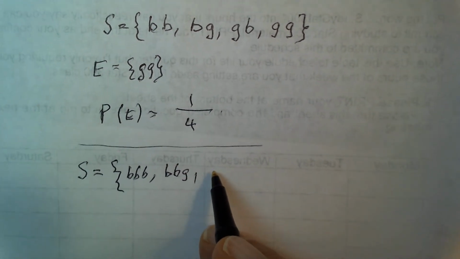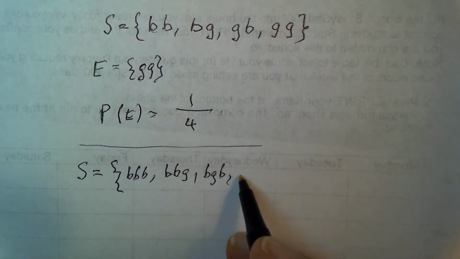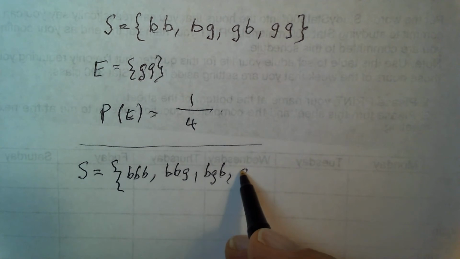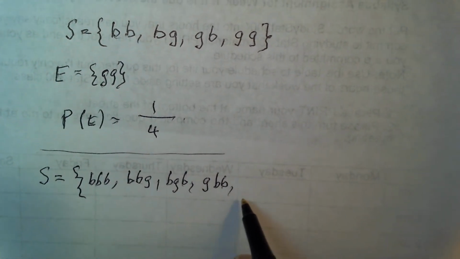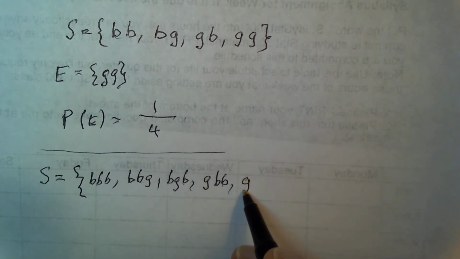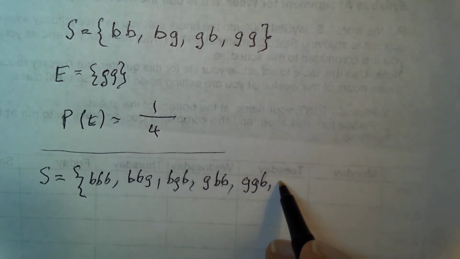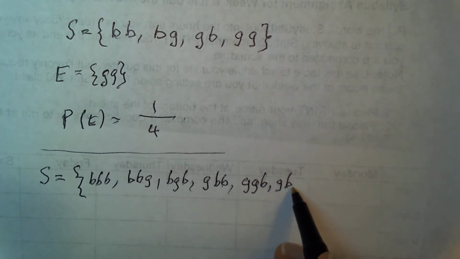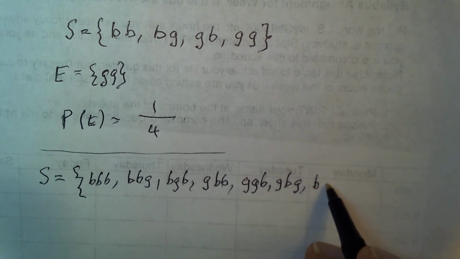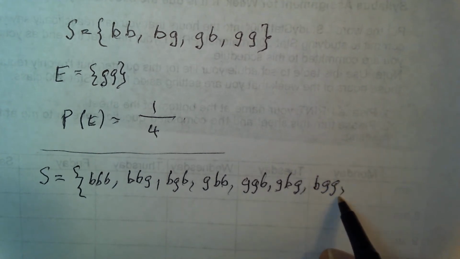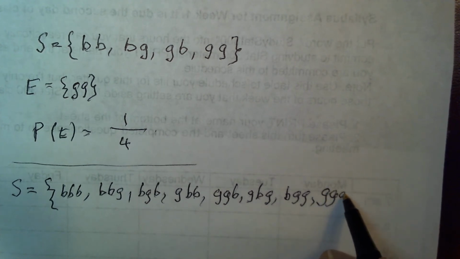We could have boy, girl, boy. Or we could have girl, boy, boy. Or we could have girl, girl, boy. Girl, boy, girl. Or boy, girl, girl. And then girl, girl, girl.